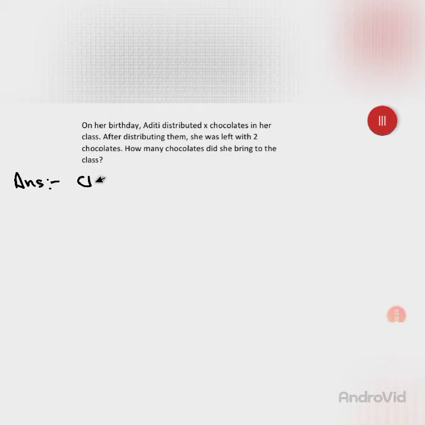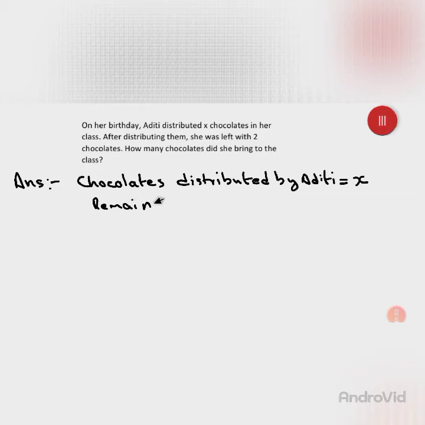So, chocolates distributed by Aditi was X, and remaining chocolates were 2.